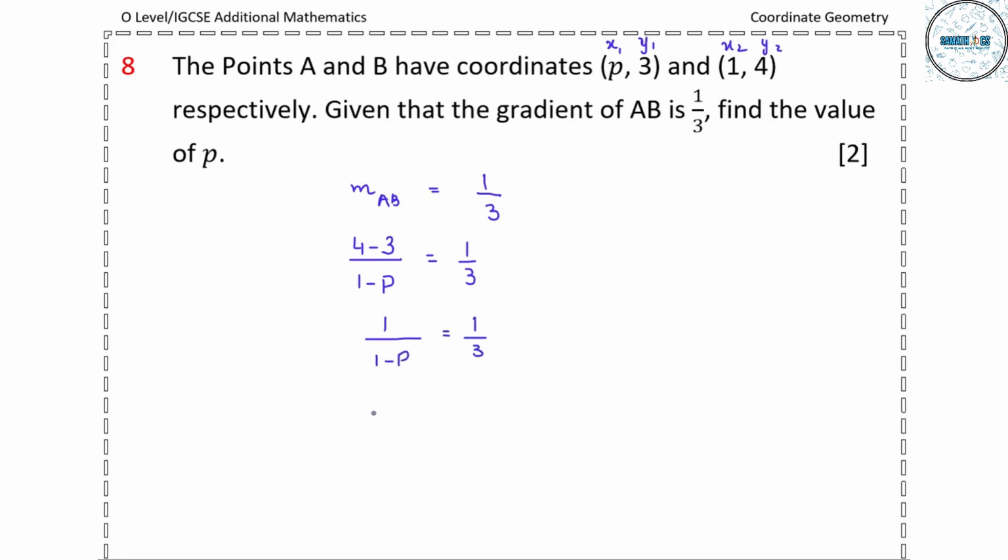We will do cross multiplication. 3 is equal to 1 minus P. We will take P on this side. We will take 3 on that side. So 1 minus 3 is minus 2. So the value of P is minus 2.